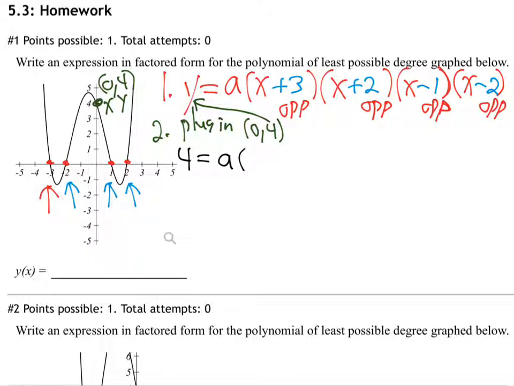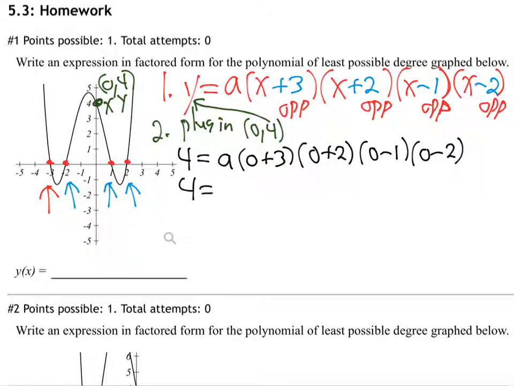So the 4 goes in the y spot, and the x spot is 0. Like that. And now we solve for A. So this would be A, 3 times 2 times 1, -1 times -2.